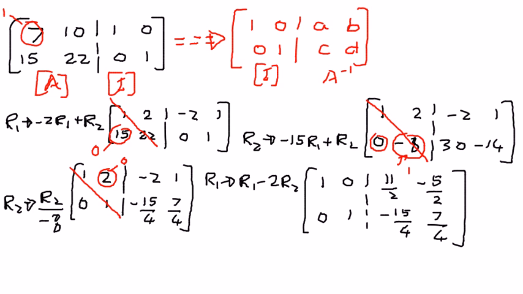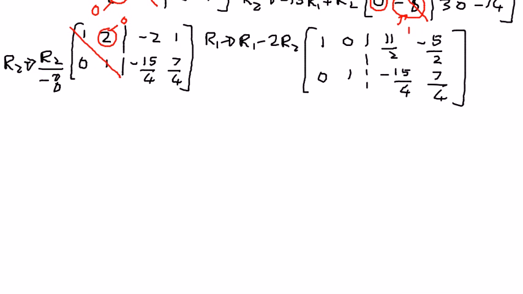Okay, now if you look at this, along the major diagonal we have ones, and above and below the major diagonal we have zeros. So this is our identity matrix, and we have achieved the inverse matrix.